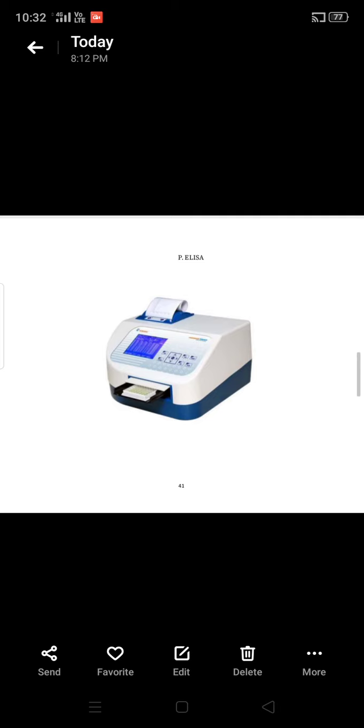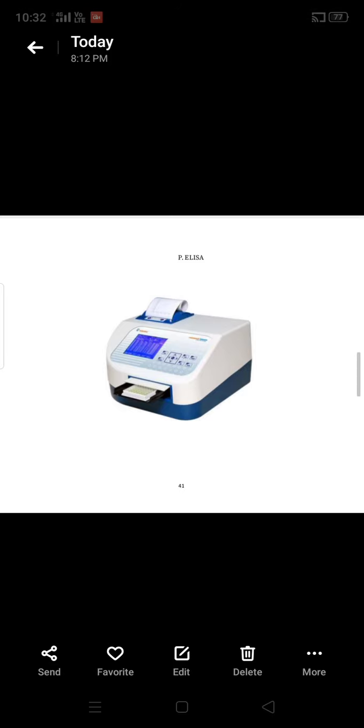Third, add primary antibody to the wells. Fourth, add secondary antibody conjugated to an enzyme. And fifth, a reaction of the substrate with the enzyme produces a colored product, which thus indicates a positive reaction.